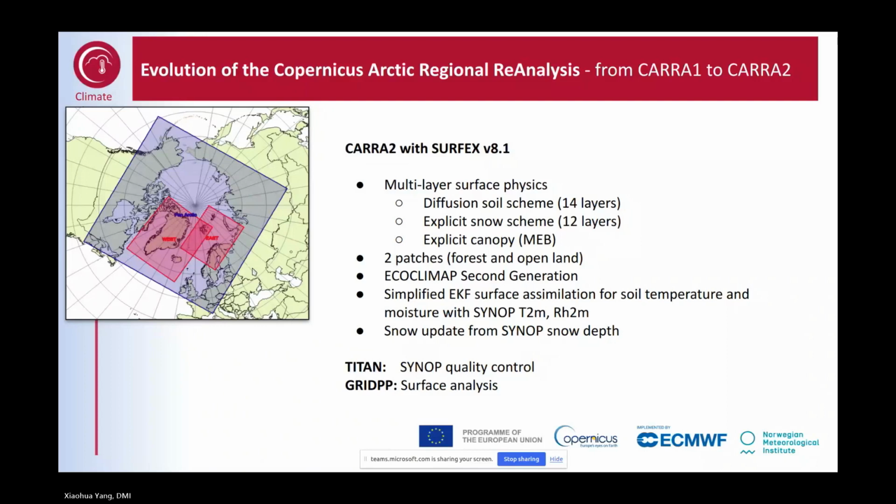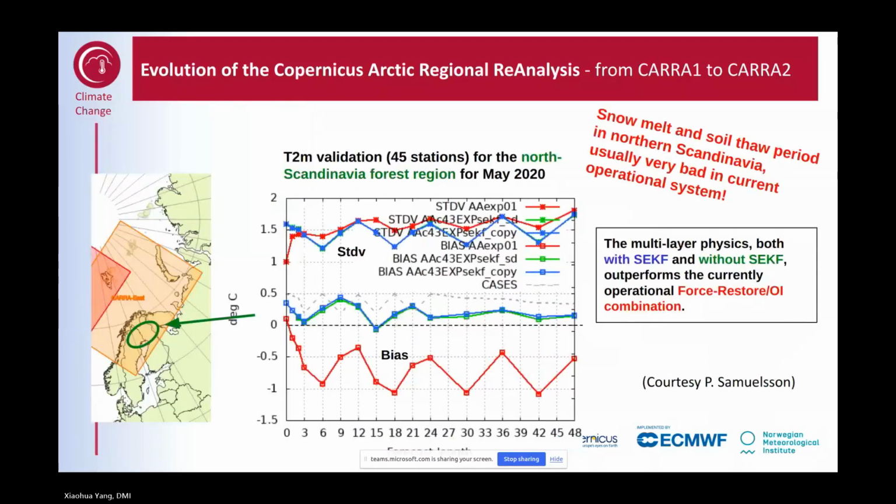And now we have moved the physiographic database to the second generation, with some improvement. Accordingly, we have adapted the surface data assimilation using the ensemble Kalman filter for the analysis of soil temperature and moistures, and the new scheme for the snow analysis.